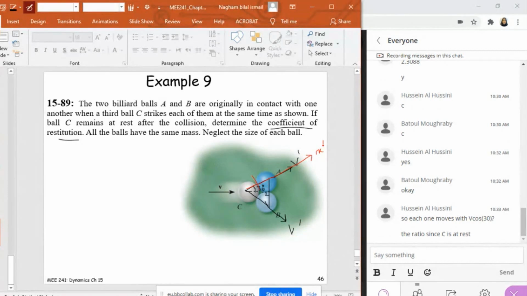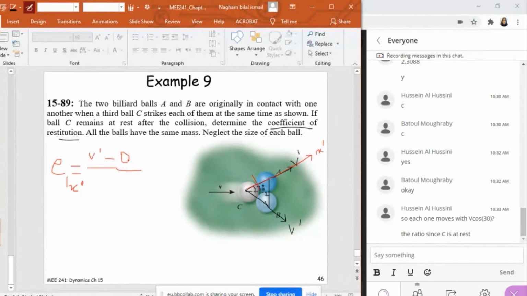And of course, this is an oblique impact, not because the line of impact is oblique, no, but because V is not along this line of impact, right? So at least one velocity is not along the line of impact, which is here V. And that's why, guys, this is an oblique impact. If I want to find E for this oblique impact, E should be along what? The line of impact, which is X prime, right? So what will be E? It will be VA2, which is V prime, only because V prime is along X prime, minus VC.